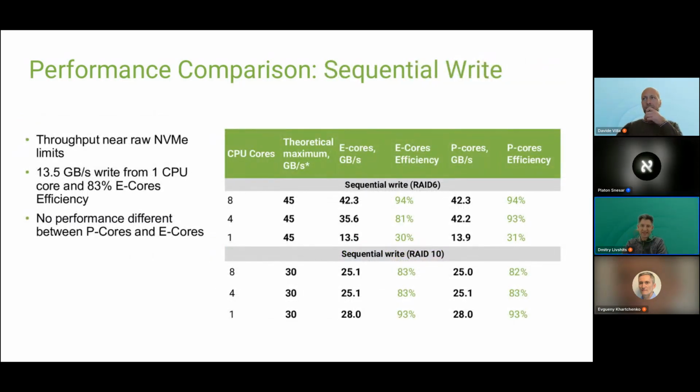So if you look at the sequential write, you can see that you can get almost maximum performance from even 4 threads, with RAID efficiency of more than 80%. It means that from just 4 threads, you can get more than 35 gigabytes per second in RAID 6.